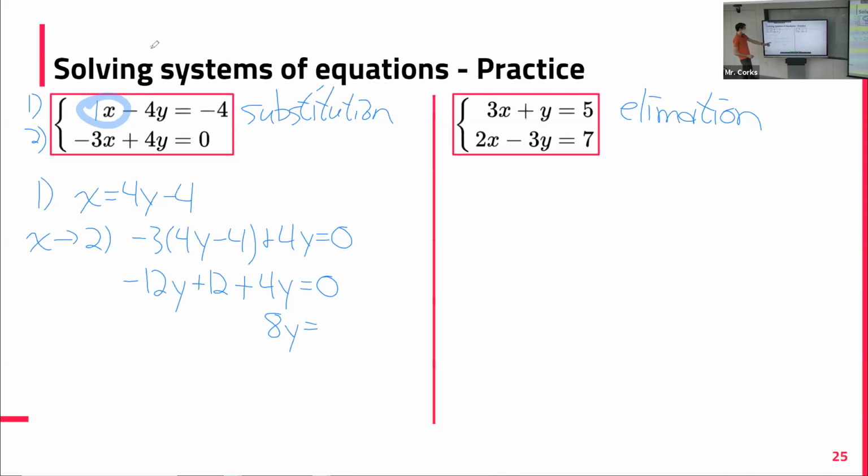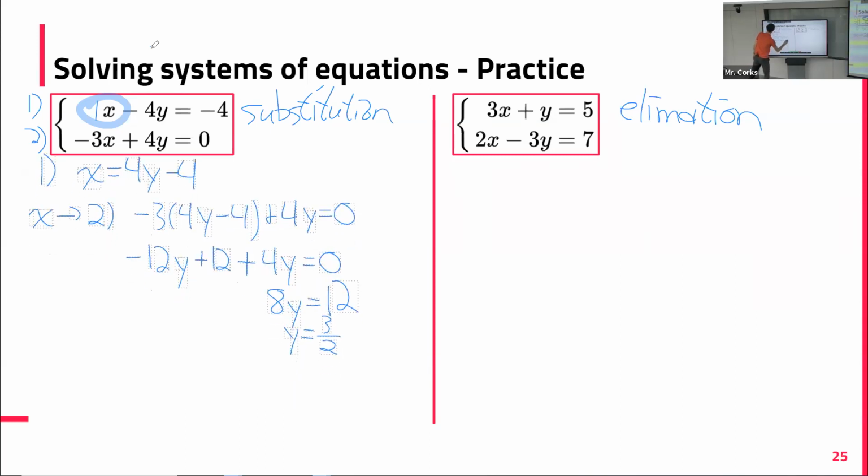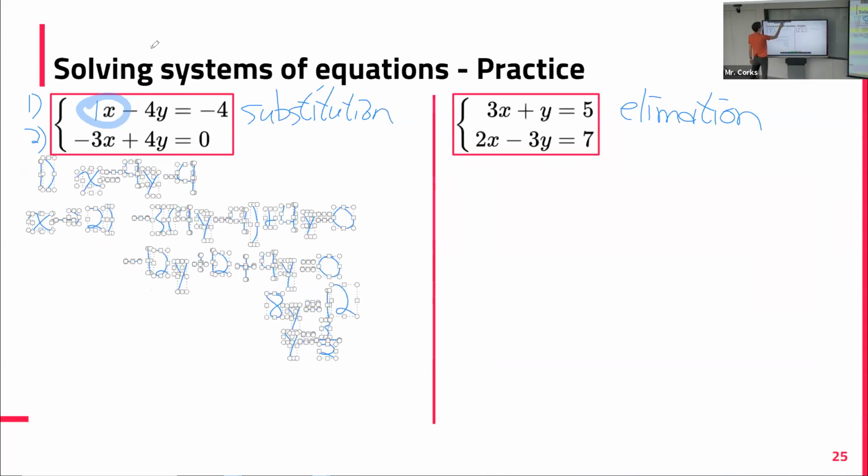We have negative 8y, so negative 12 plus 4, move that to the other side, 8y equals 12. So y is equal to 3 over 2. Now our other variable.